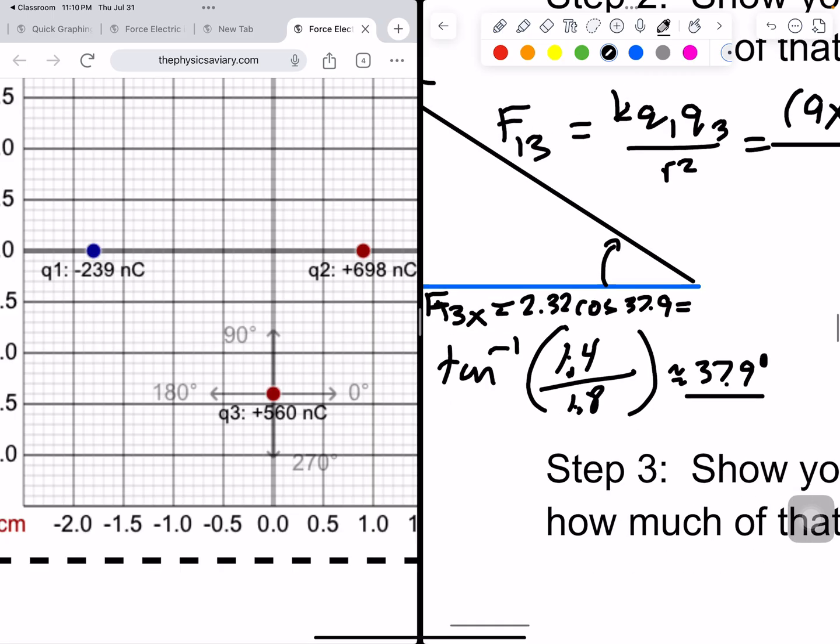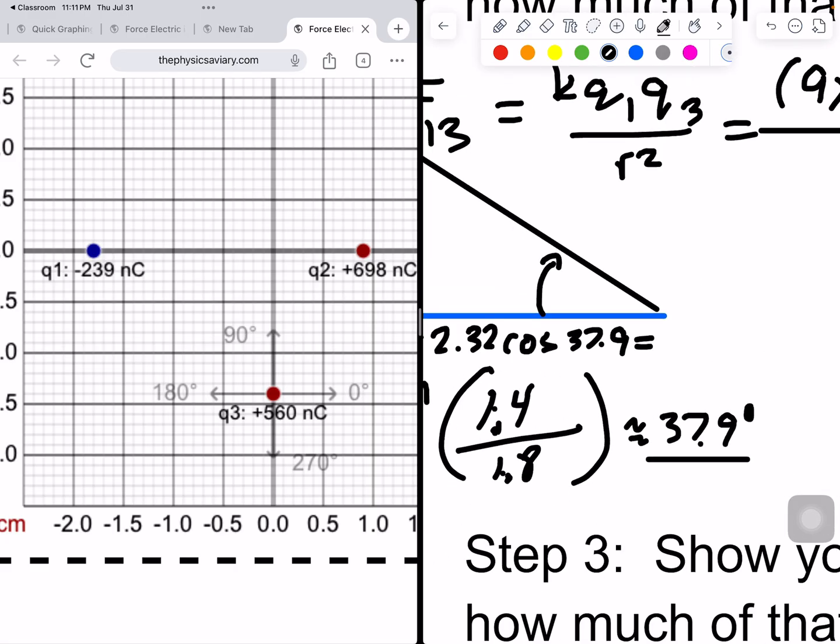I'll put that in my calculator. Okay, I'm getting about 1.83 newtons in the x direction.